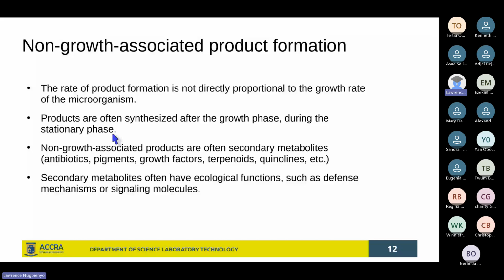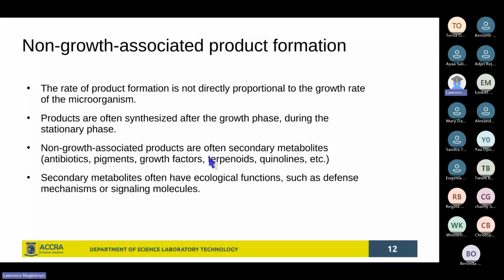And these are referred to as secondary metabolites. These are products like the antibiotics, which can be produced from microbes. We do have some microbes also producing things like some terpenoids, quinolines. These are some antioxidants which are produced by already mature cells.